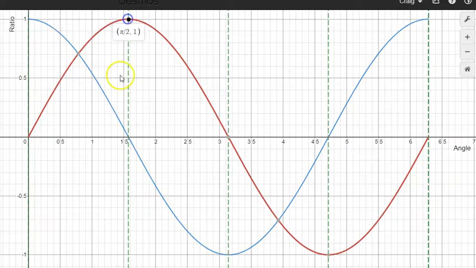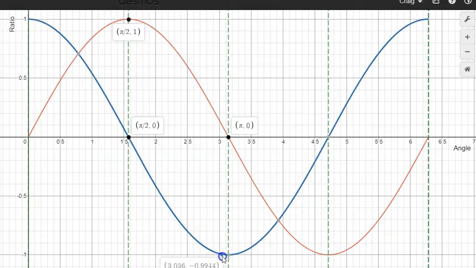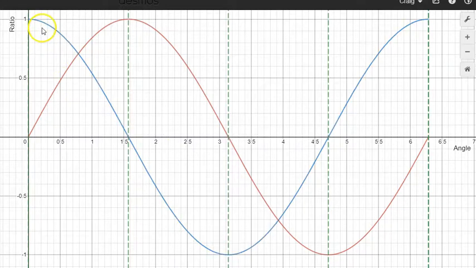When sine hits 1, the cosine is at 0, and when sine is at 0 again, cosine is at -1. So at every stage, the cosine function is 90 degrees ahead of the sine function, or you could say the cosine function is pi on 2 radians ahead of the sine function.